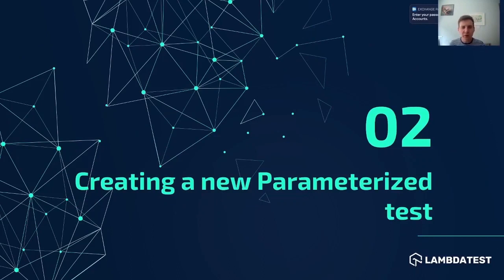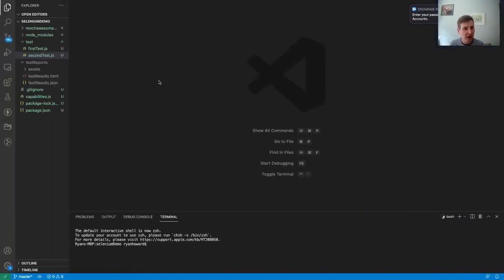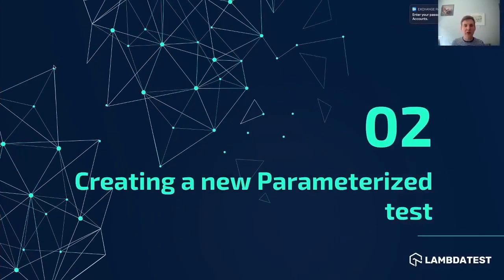So for the purposes of this video, we're actually going to create a brand new test in our project. So our first test.js and second test.js are going to stay as they are, and we won't touch them. Instead, we'll create a brand new .js file with a brand new test in. Now, there are multiple ways we can achieve parameterization using JavaScript and the Mocha framework.